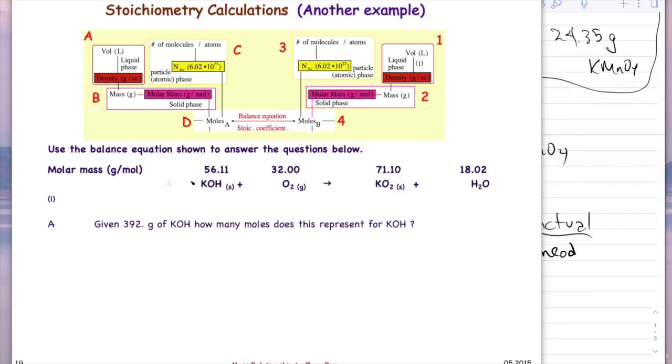So if I put a 2 in front of that, that tells me I have 2 hydrogens. I put a 1 in front of that. That's 2 hydrogens right there. That'll be 2 potassiums. My oxygen now is going to be 1 here. Oh, I see the problem. I messed up my oxygen count.